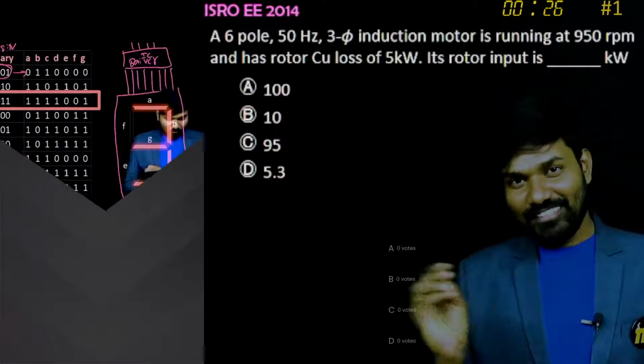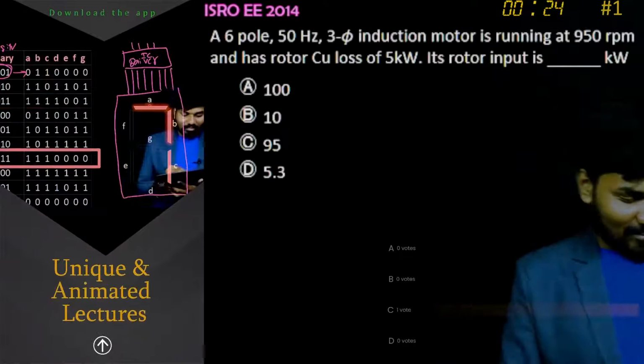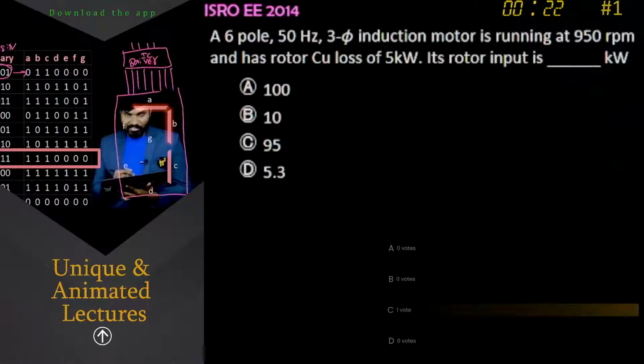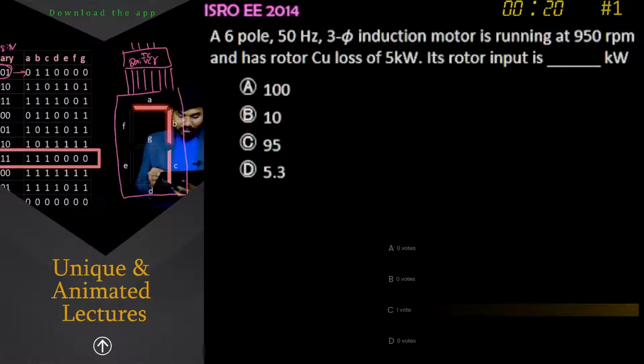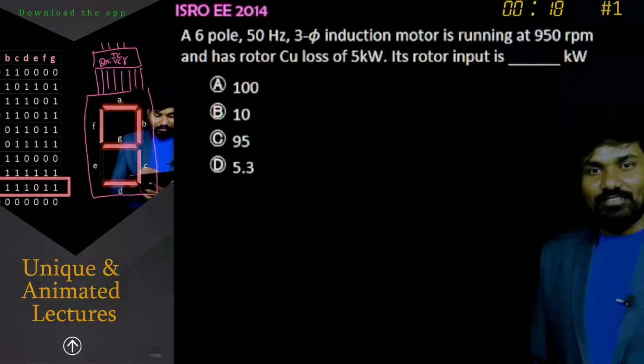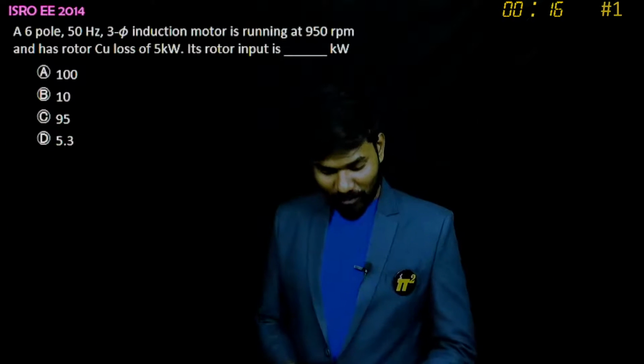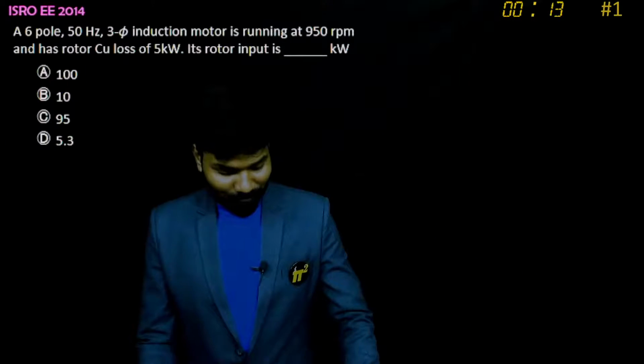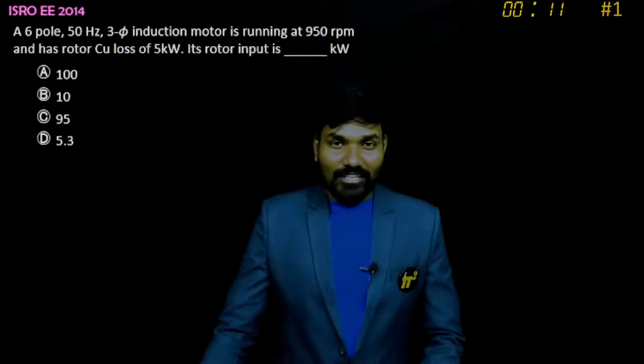And Sampath has given an explanation also, a bit of explanation. I understand what kind of explanation he's trying to give. Anyways, people are saying only Raju has answered C, 5.3 high.